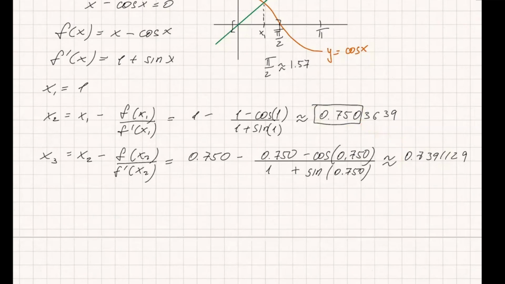You will be given either an instruction to repeat the iterations until the first 3 digits are the same, or until you're approaching some value. So let's continue.